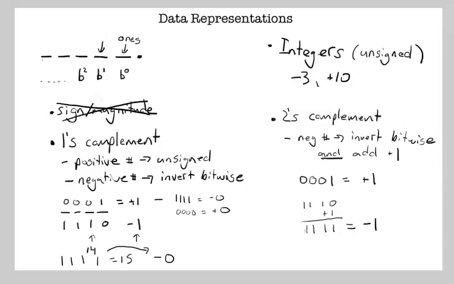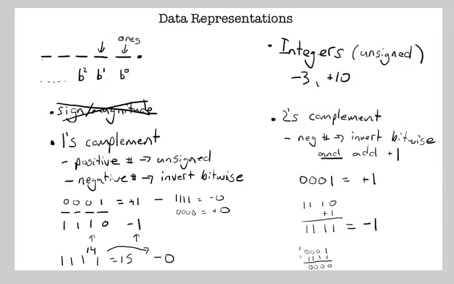So if we added negative 1 and 1, same as we did over here, we end up adding 0, 0, 0, 1 to 1, 1, 1, 1. And we get 0, 0, 0, 0. And then we have to carry a 1 off the end here. But we're only adding 4-bit numbers.